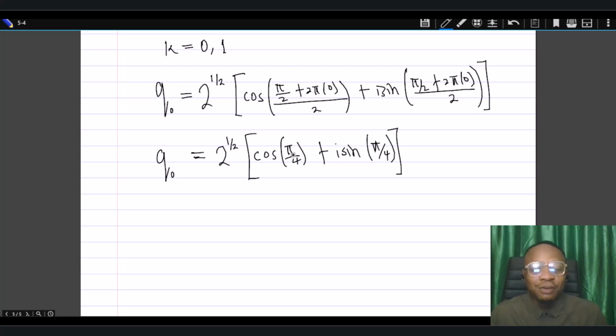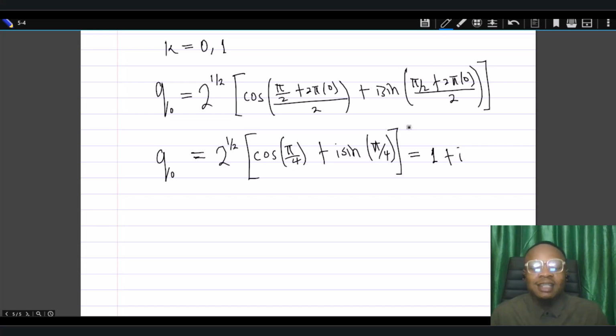Cosine of pi over 4 has a simple form, that is root 2 over 2. By the time we multiply it by root 2 out there, root 2 over 2 multiplying root 2 will be 2 over 2, which is 1 basically. Then our sine of pi over 4 is also root 2 over 2. So this is going to be 1 plus 1i, which is 1 plus i.